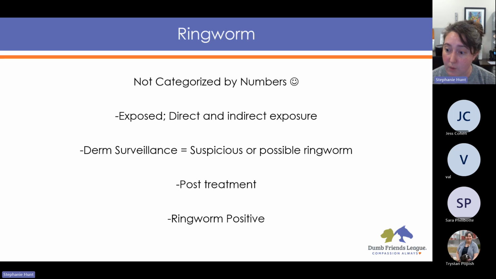So there is always the possibility that they were exposed to ringworm. Typically, they're not showing signs or symptoms, so they don't have hair loss or lesions, but we're worried that they may start showing signs or symptoms of ringworm within that upcoming week or two.